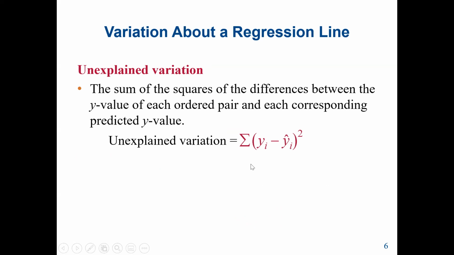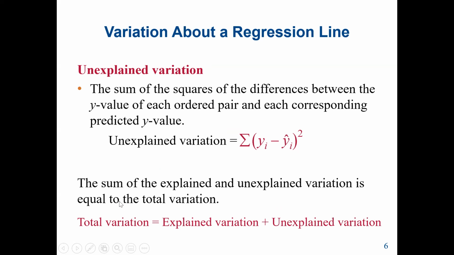It will be again the sum of the squares of the differences between each y value and each corresponding predicted value, all squared. Now, we also said the sum of the explained and unexplained variation also will give us the total variations. So total variations equal to explained variations plus unexplained variation.